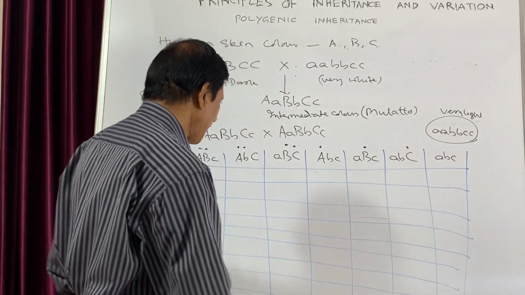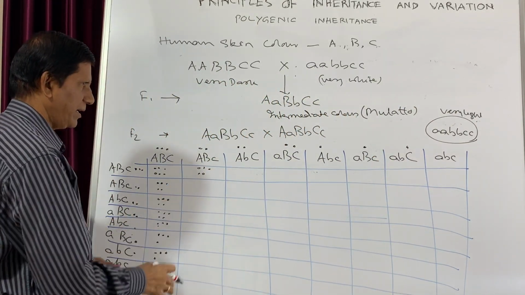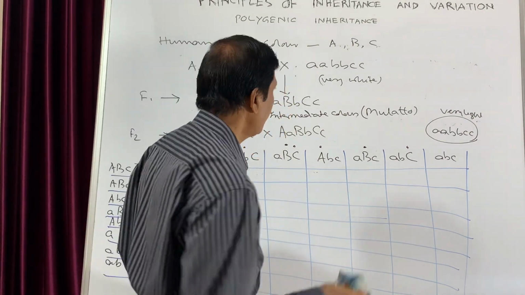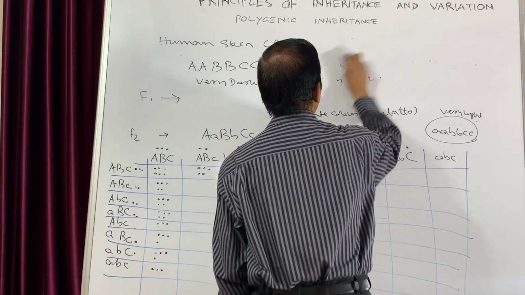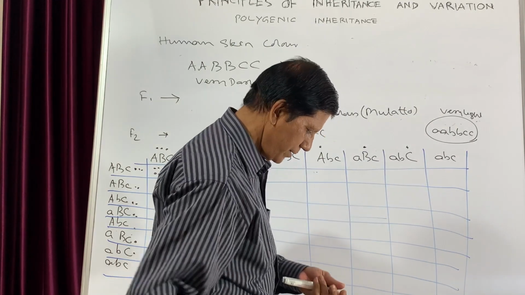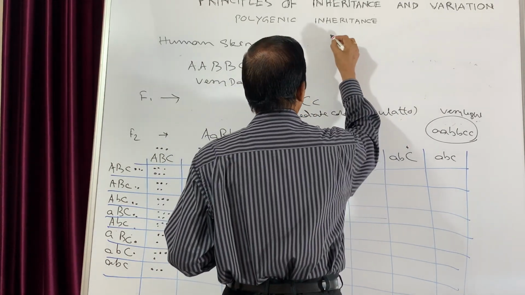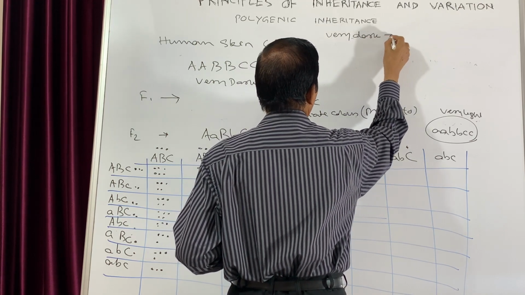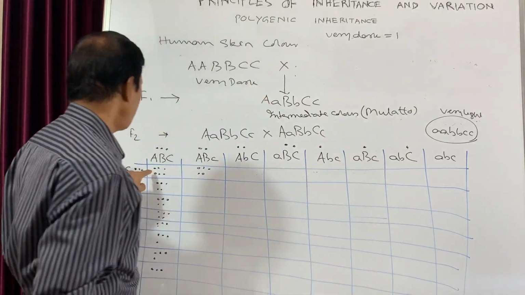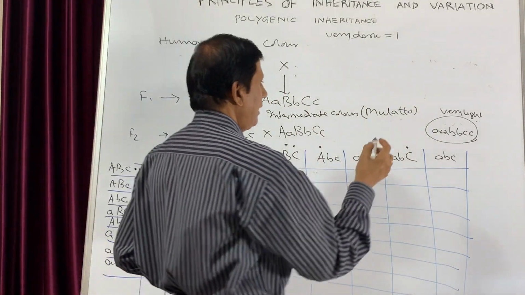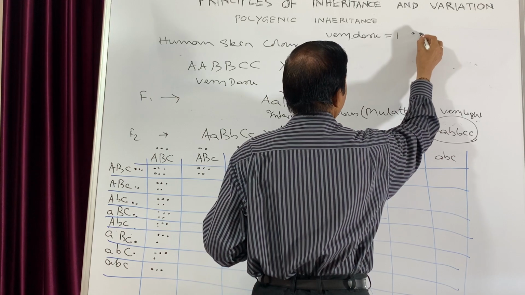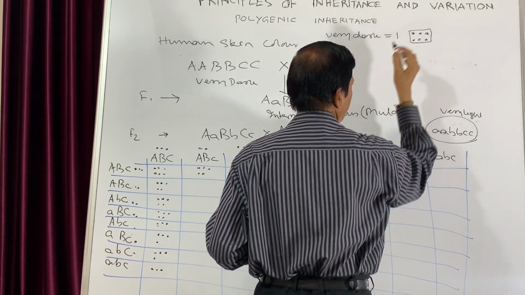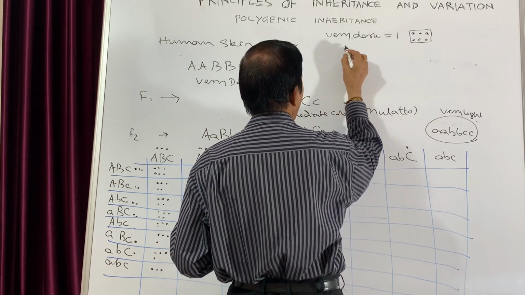Now, if we analyze all these things, what will we get? We will get very dark, only one, this one, very dark. Why? Here we will get 6 dominant genes. Then next is dark.